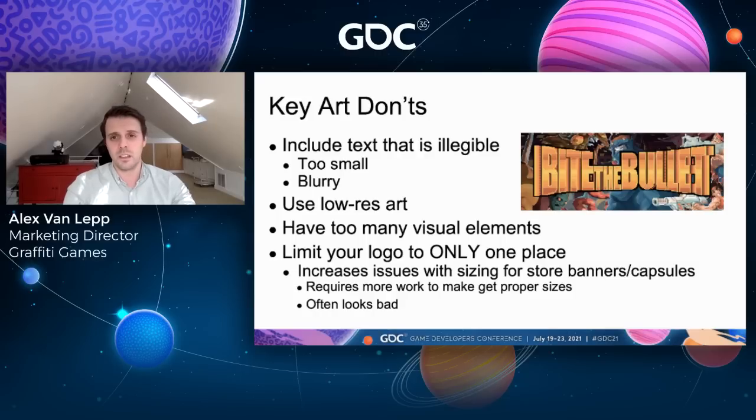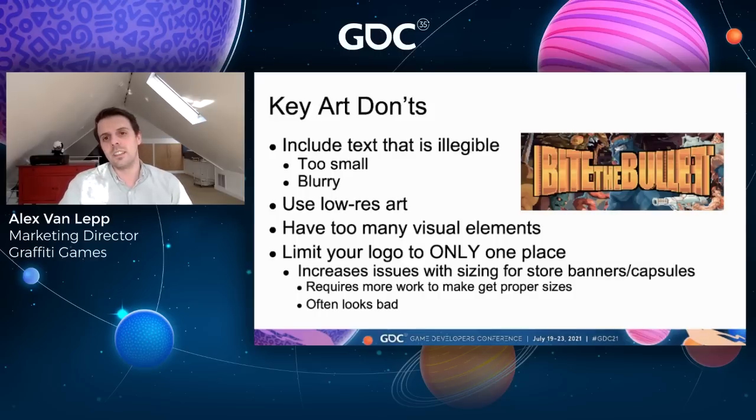This example here, Bite the Bullet, was one of our games, and its piece of art was not good when we first created it. One, the logo text is really difficult to read. I can't tell you how many times someone said "I bite the bullet" seeing this, because they thought it was the game's name, even though it's Bite the Bullet.